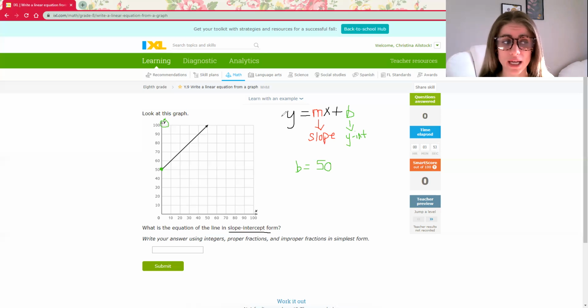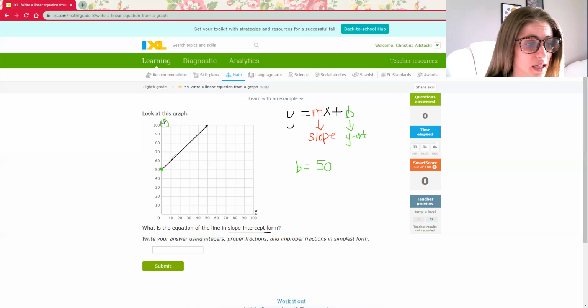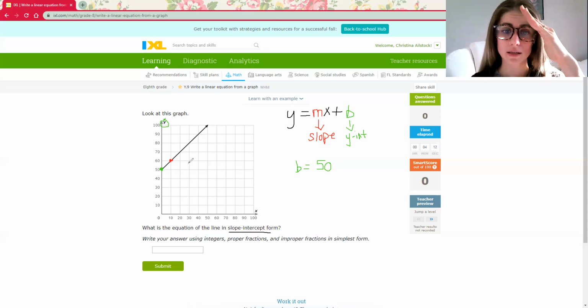And a good point is where it crosses a grid line perfectly because you know that you're not going to be messing with partial numbers or having to estimate and do some decimals. And it looks like right here is the next spot where your line crosses two grid lines perfectly. So that's where I need to count my rise over run.